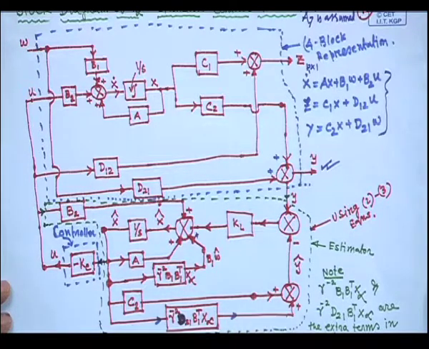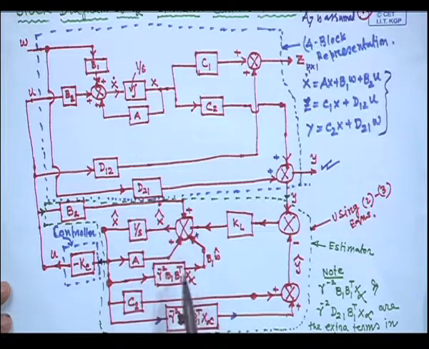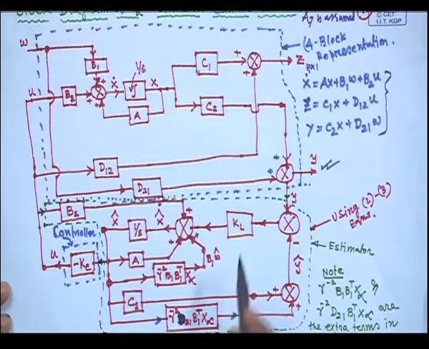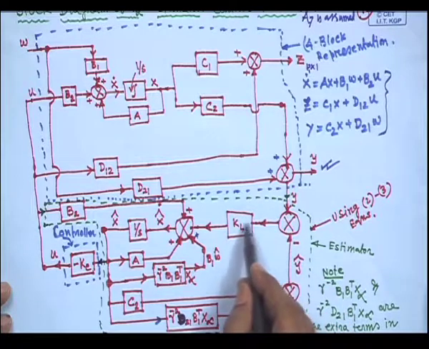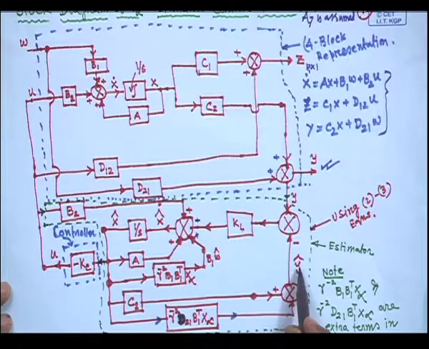Then B2 into u, you see B2 into u, this block is coming. Then there will be the correction term. What is the correction term? KL into y minus y hat, this is the correction term. And what is y hat? Y hat is nothing but your C2 into x hat plus D21 into w hat. So, you write it as w hat, this one.